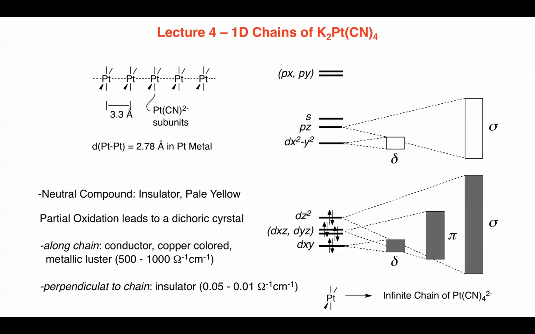If you look at the crystals down the chain's axis, they still look pale yellow, but they have this wonderful deep metallic luster when looked at side on. The extinction coefficients are also very different. So a little bit of oxidation really turns on strong transitions and deeply colored optical absorption features. Now, that is a signature of something forming kind of like a metal.